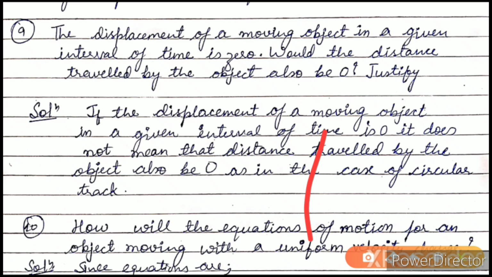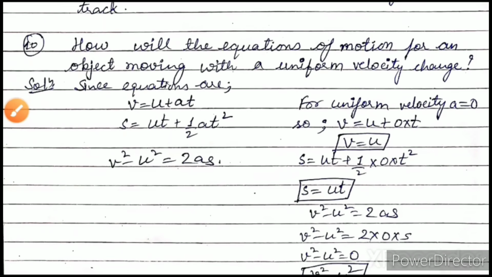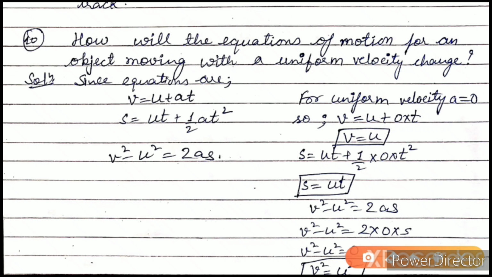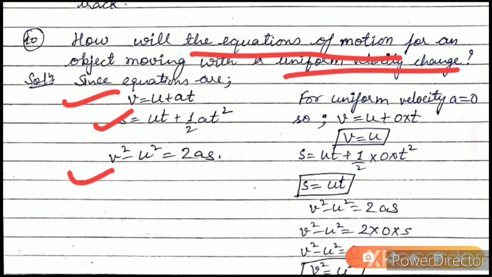Now come to the next question. How will the equations of motion for an object moving with a uniform velocity change? Since we know the first equation, second equation, third equation, here it is asked how all three equations of motion will change if it has a uniform velocity. Uniform velocity means velocity is constant. What does it mean?